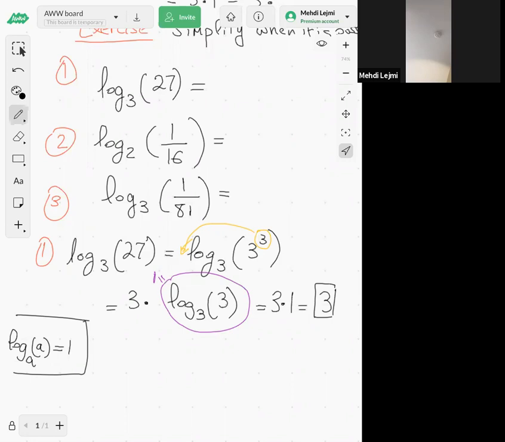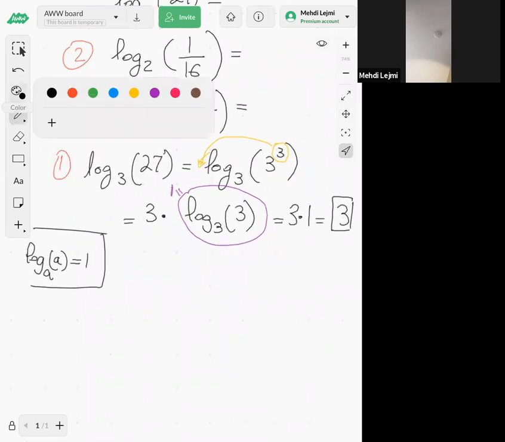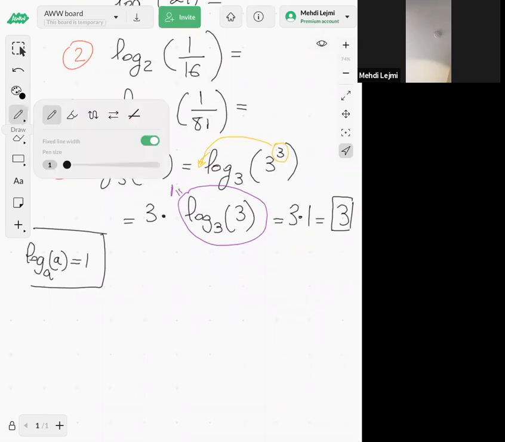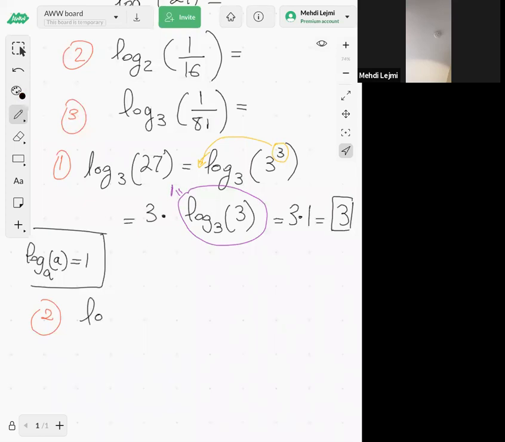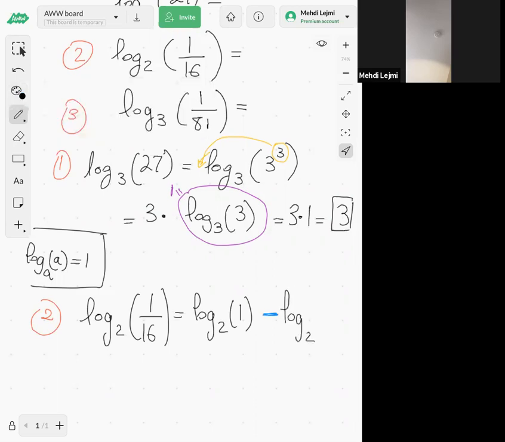All right, so for number 2, we have 1 over 16, so that's a division. It's log in base 2 of 1 over 16. When you have a division, the log of a division is the difference between the logs. So this is the log of 1, minus the log in the same base, which is 2, of the denominator, which is 16.